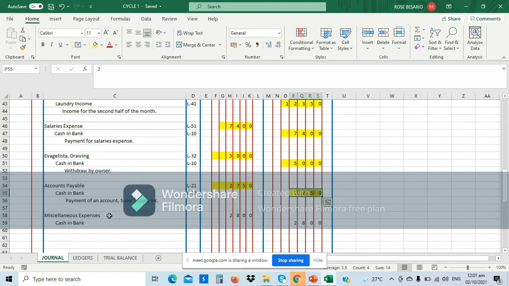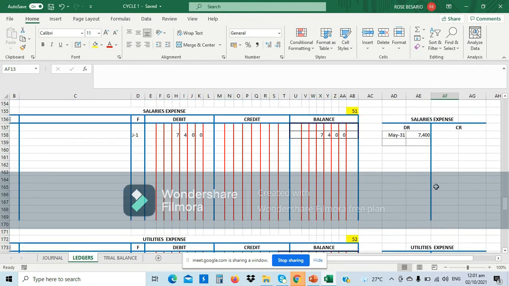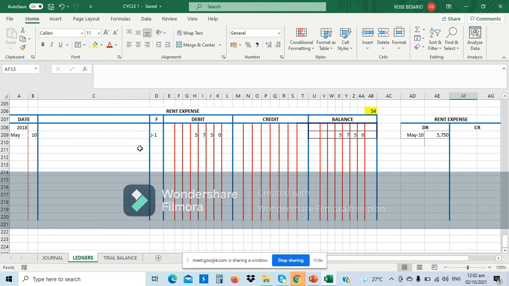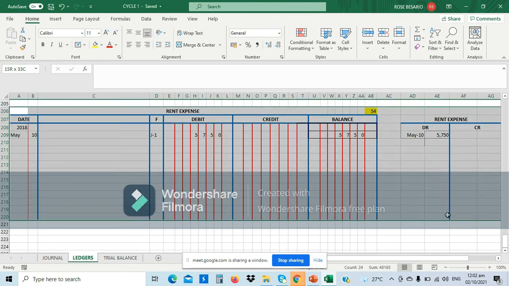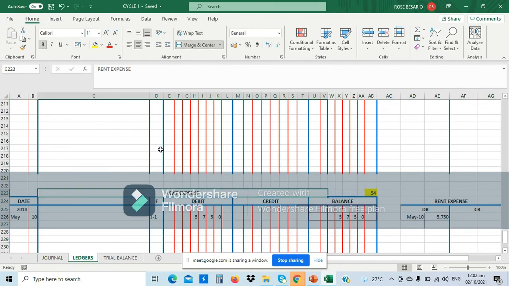So, last entry, we have miscellaneous expense. We don't have an account yet for miscellaneous expense. Okay, so we will provide for miscellaneous expense. We'll just copy this one. So we'll make it miscellaneous expense. This one also is miscellaneous.